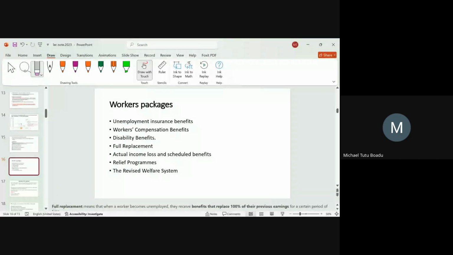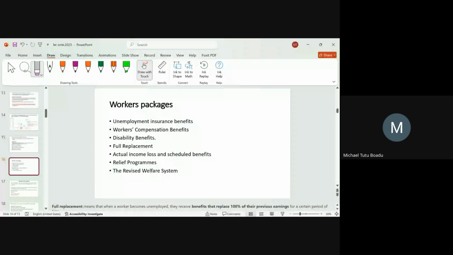Copenhagen, they have it. For Copenhagen, I was told most of their people don't even like working. They are lazy because of this unemployment benefit. Yes. So unemployment insurance is one of the packages.